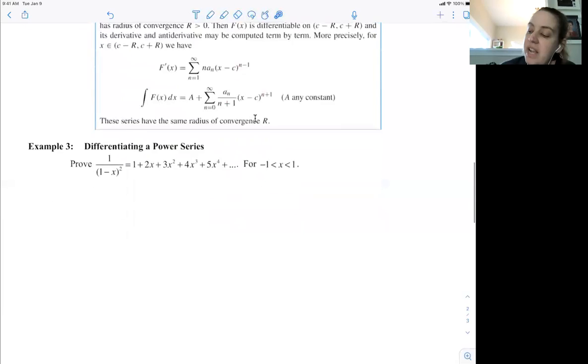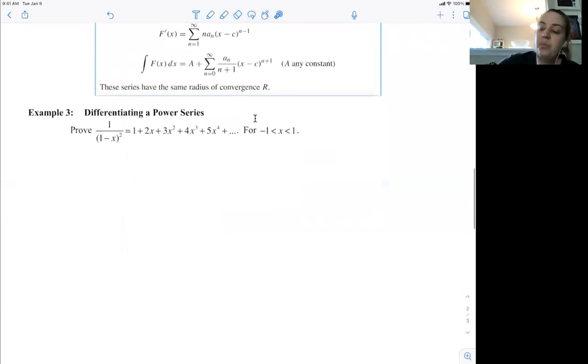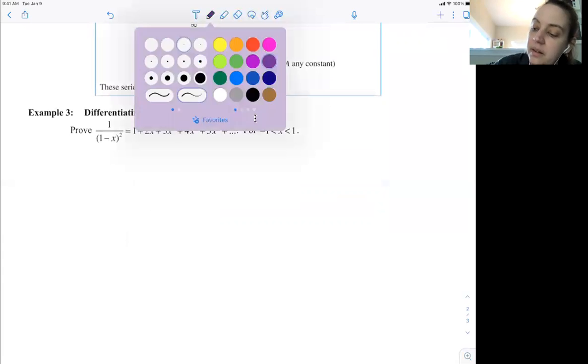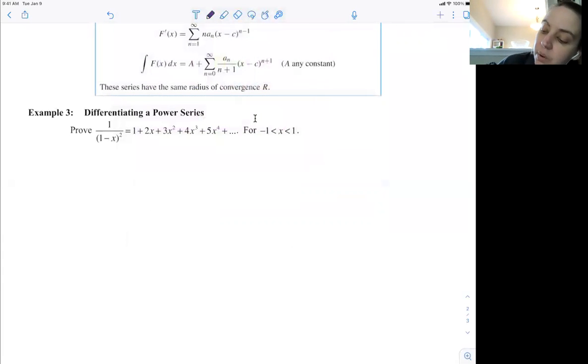So differentiating a power series, prove that 1 over x squared is equal to that whole expansion. All right, this is a little crazy, but let's see what you can do. So if I have, let's start with 1 over 1 minus x, which I know is equivalent to the power series. This is what we've been working with so far today, right?